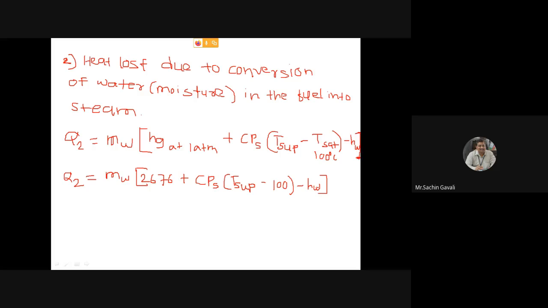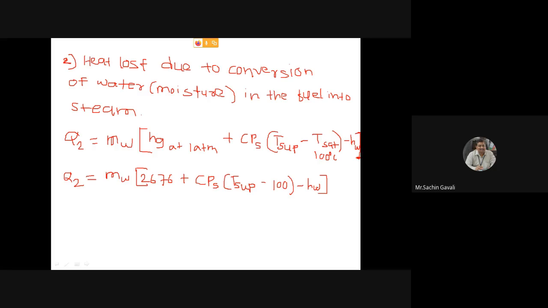Written? Yes, sir. Okay. Shall I give the nomenclature for each and every term? Write down. Where MW is equal to the mass of water moisture present per kg of fuel.